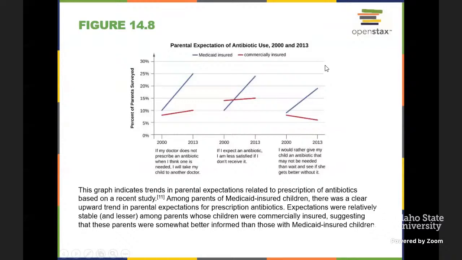Yes. So this, I'm going to quit right with this. This is parental expectations of antibiotic use, 2000 and 2013, Medicaid versus commercial insurance, and what is the perception? I have some issues with this. I feel like it gives anybody that's taking Medicaid a bad name. It's like, oh, all they want's antibiotics, right?